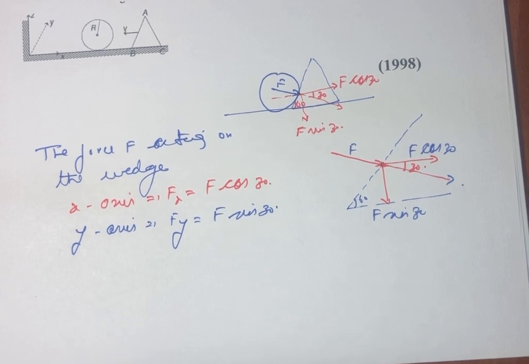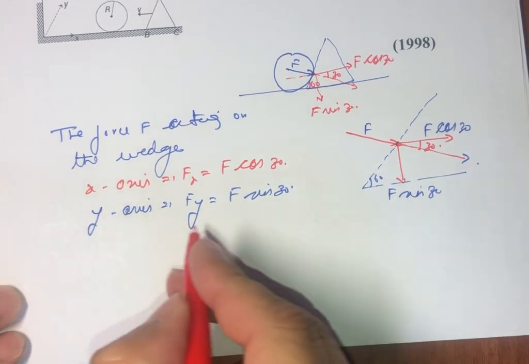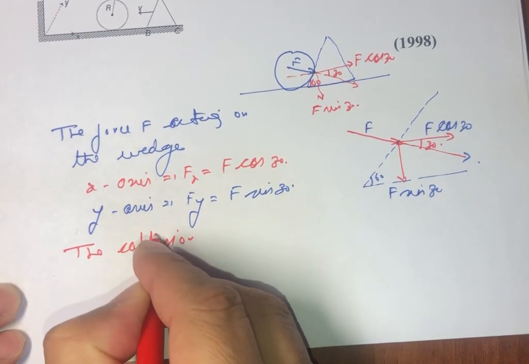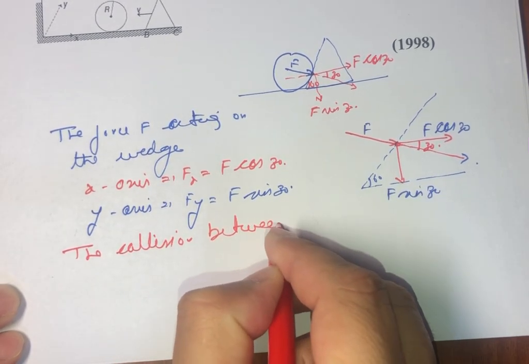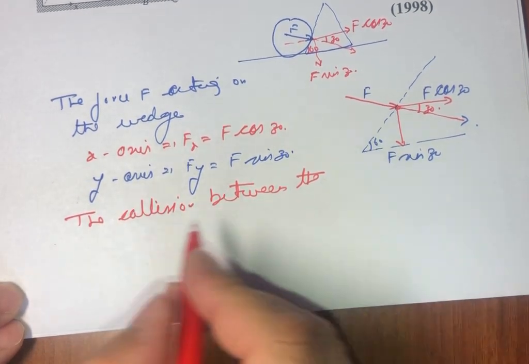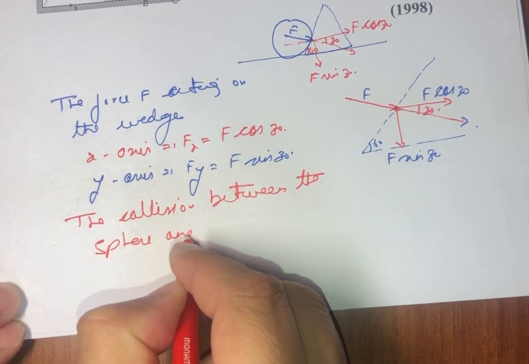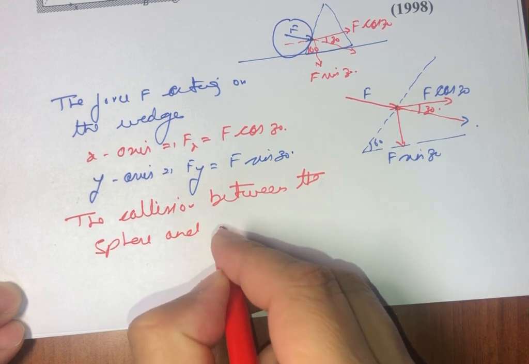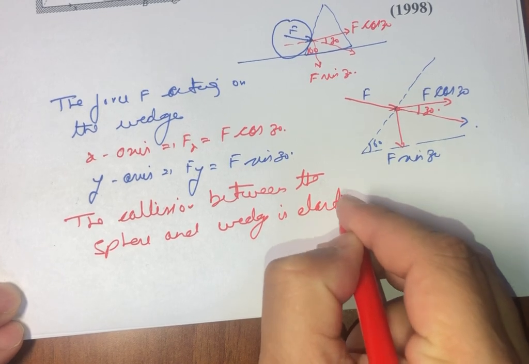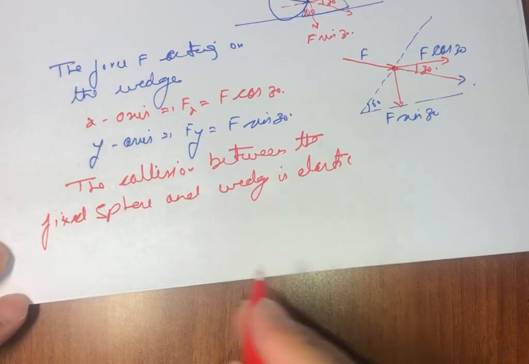And it is given that the collision between the sphere and the wedge is elastic, or rather we can say the fixed sphere collision is elastic.